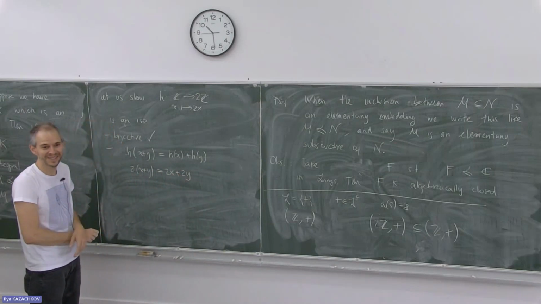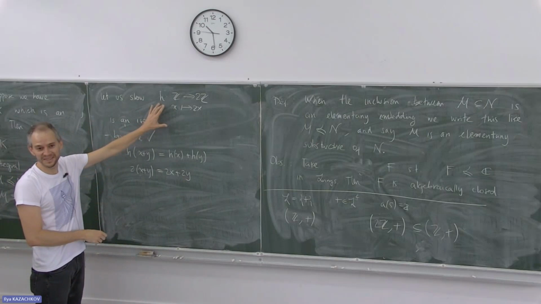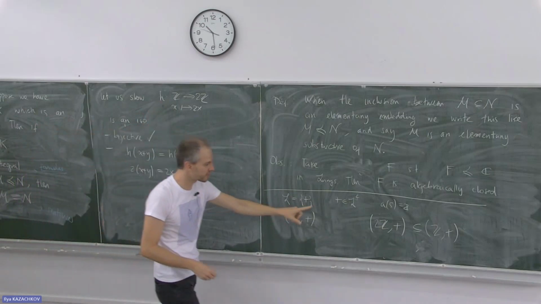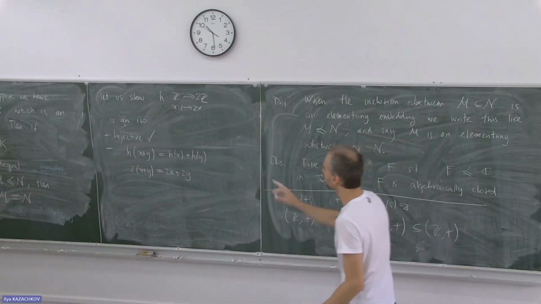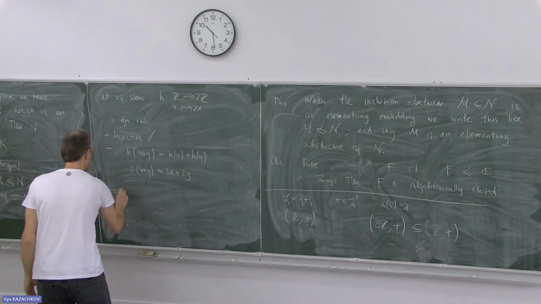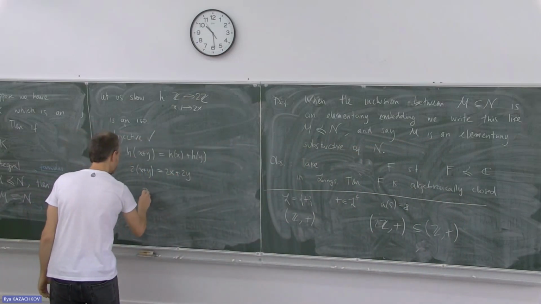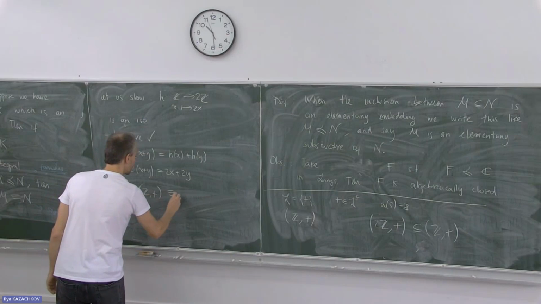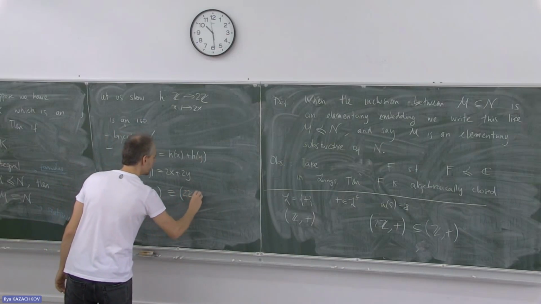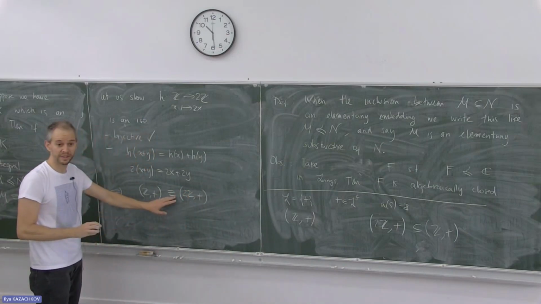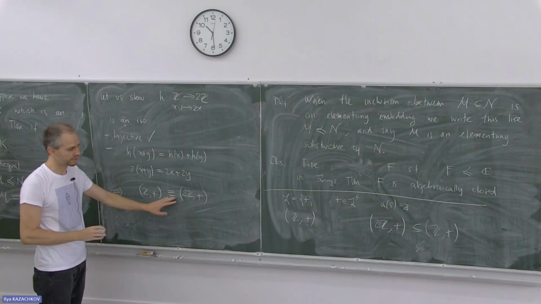So this is indeed an isomorphism. This implies that these two structures, Z with plus, is isomorphic to 2Z, sorry, is elementarily equivalent to this one.